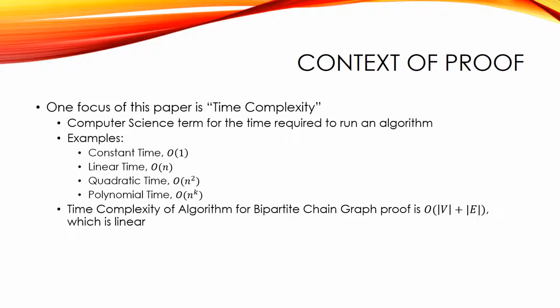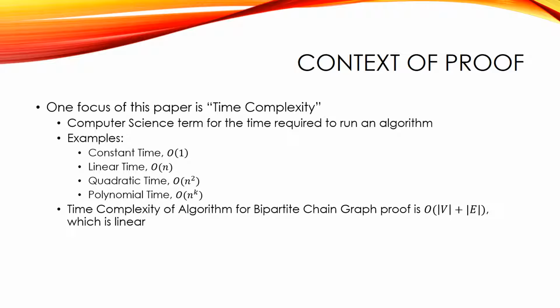So what does this proof give us, and what is it used for? In this particular paper, one focus is what's called time complexity. This is just a computer science term for measuring the time required to run an algorithm. How efficient is an algorithm?